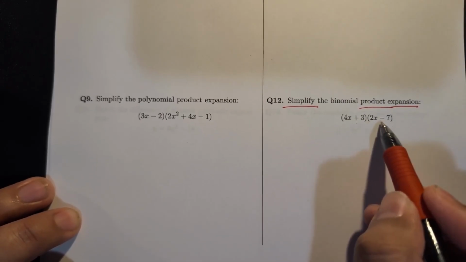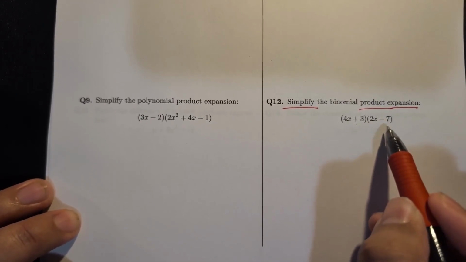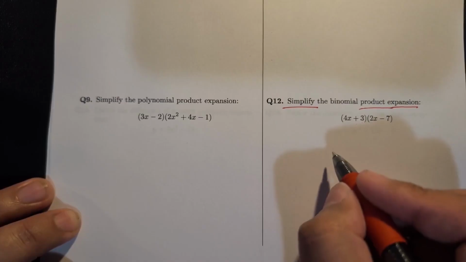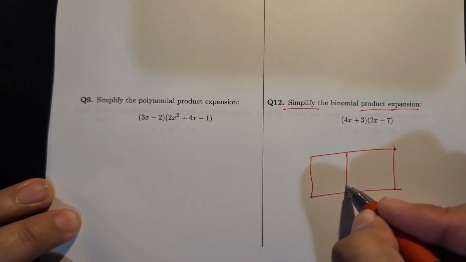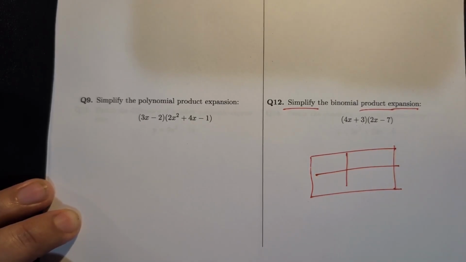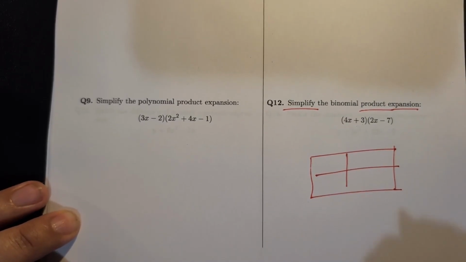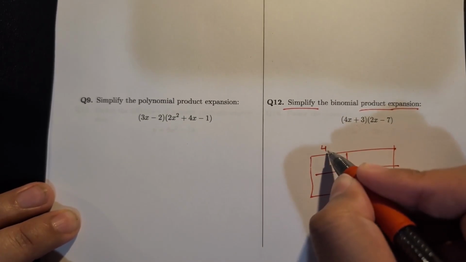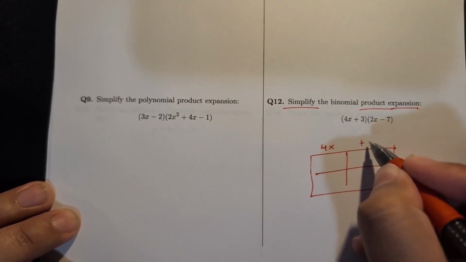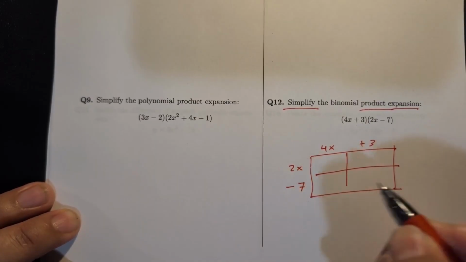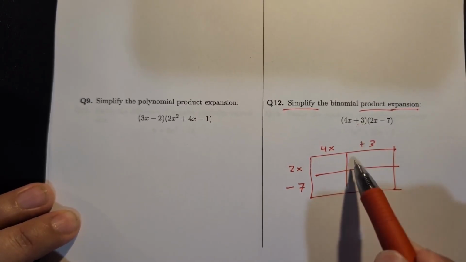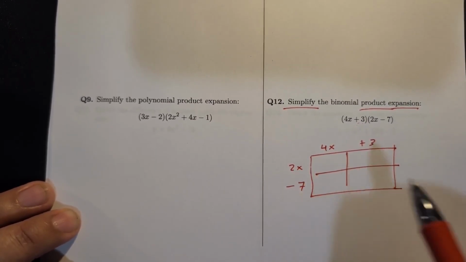So binomial times binomial, there are 2 terms. I'm going to be setting up a 2 by 2 box. We're going to set up a 4x plus 3, and then a 2x minus 7. It does not matter what side they go on for this case.